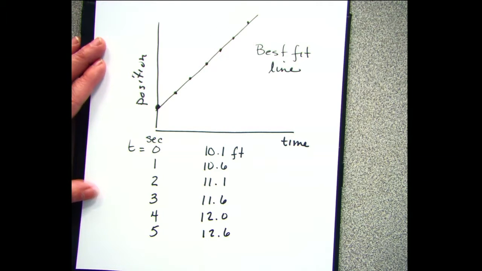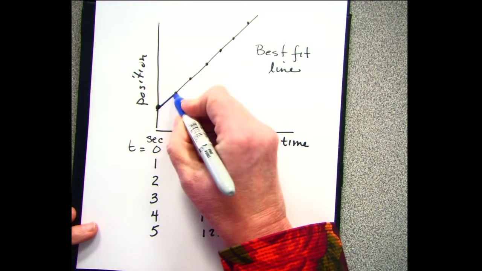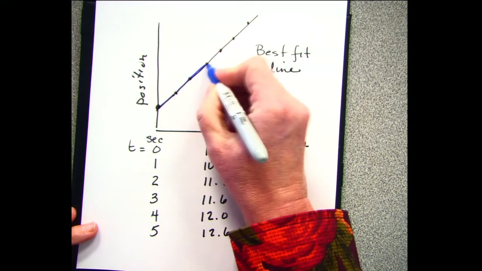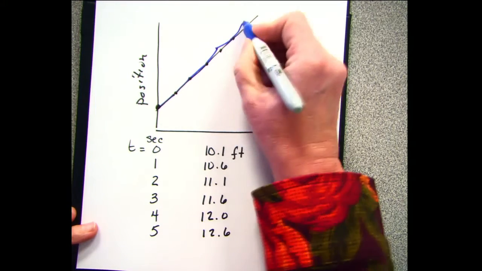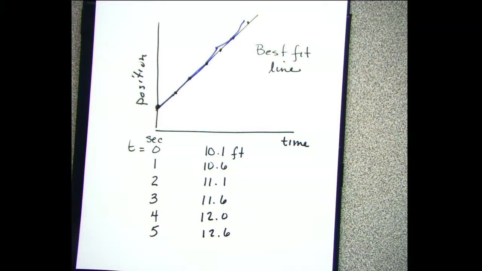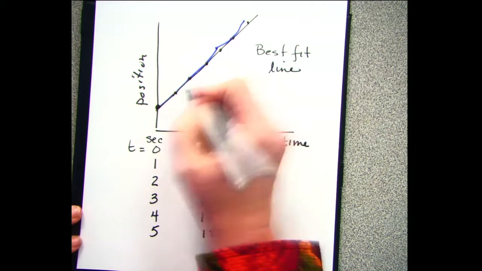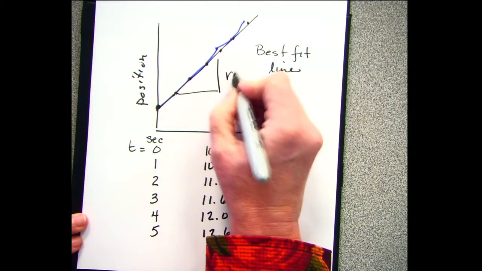We don't do the connect the dot thing. Okay? We don't do the connect the dot thing. That's not what we're doing because we are ultimately going to curve fit our data. So then we can do our rise over our run.